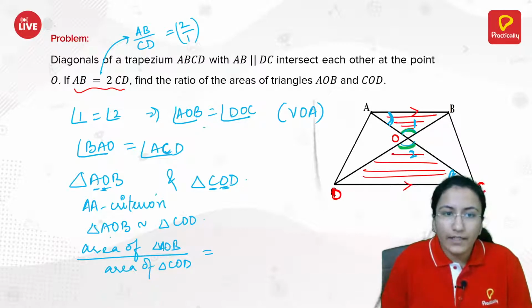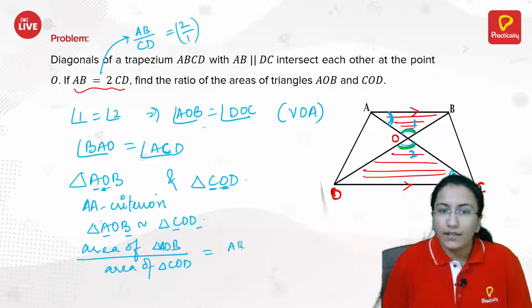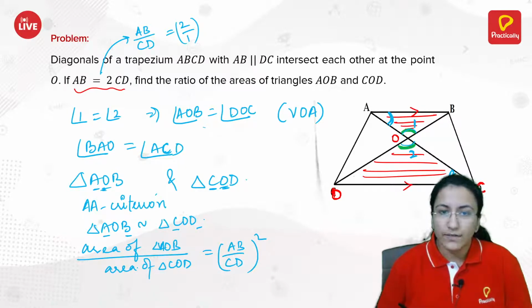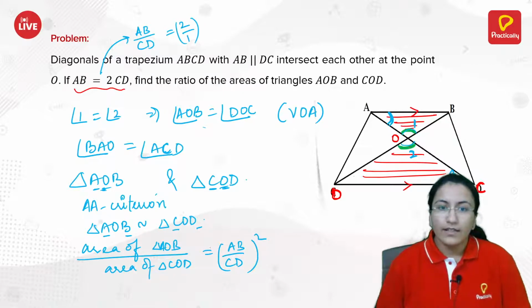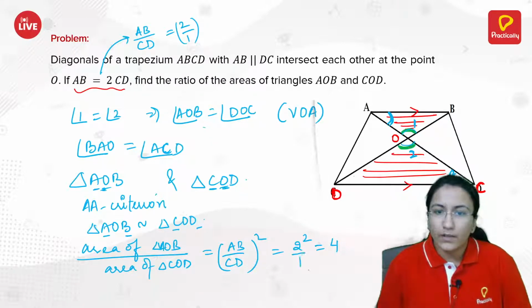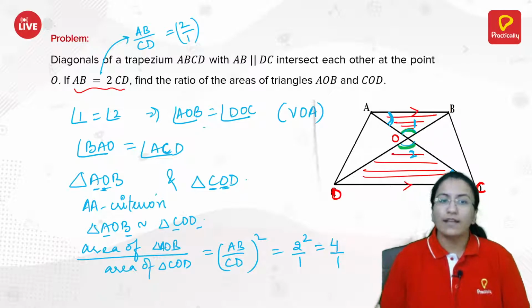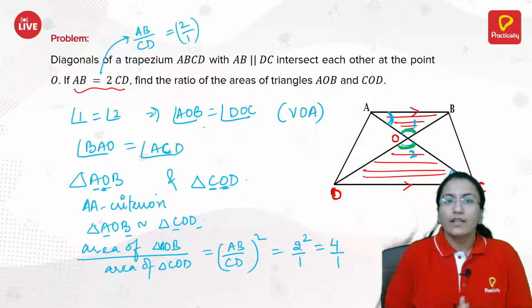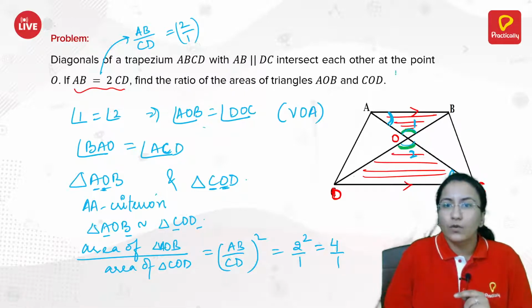Using the result we did in the previous slide, the ratio is (AB by CD) square, which is 2 square by 1, that is 4 is to 1. So the required ratio is 4 is to 1.